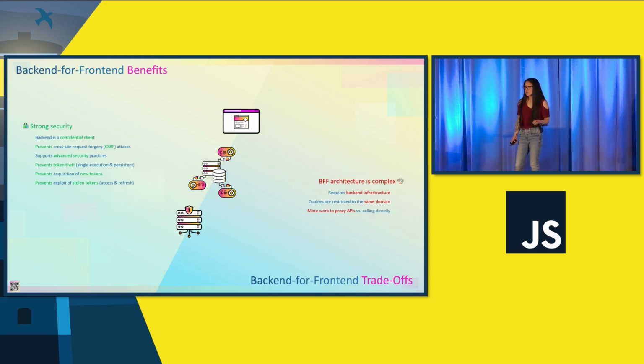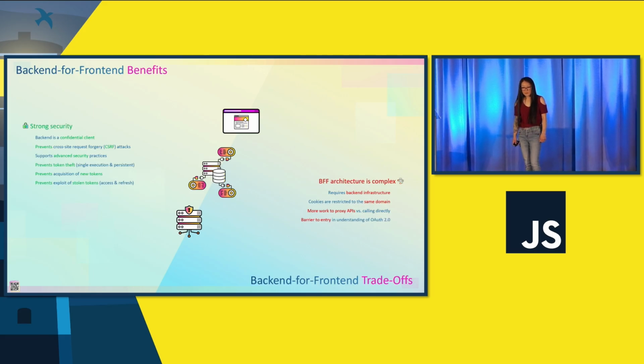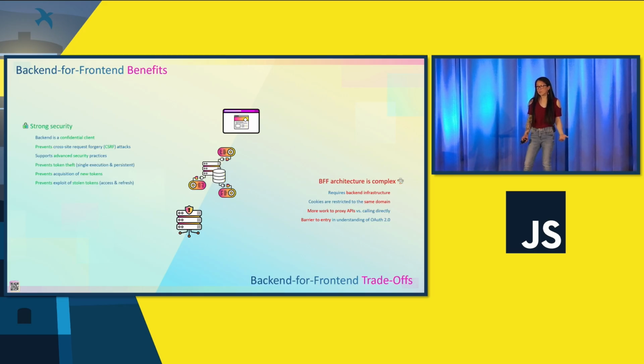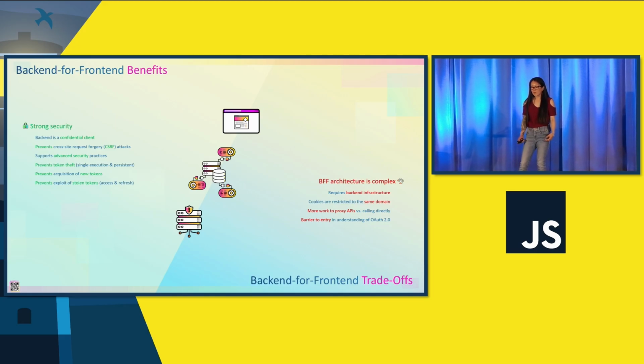It's also just a fact that building a proxy API is more work than directly calling the API from the front end. And backend for front-end auth can have a fairly significant barrier to entry that often requires you to have a solid understanding of OAuth 2 and OIDC standards and their implementation.